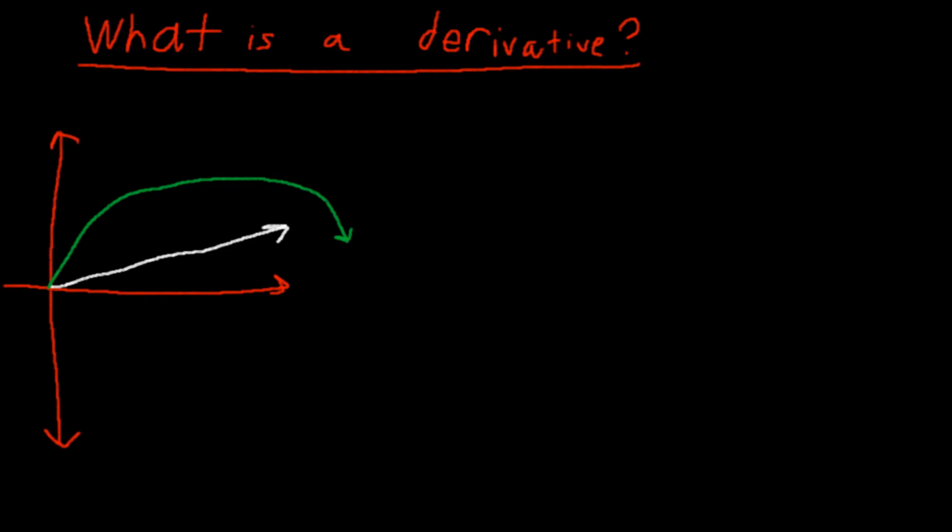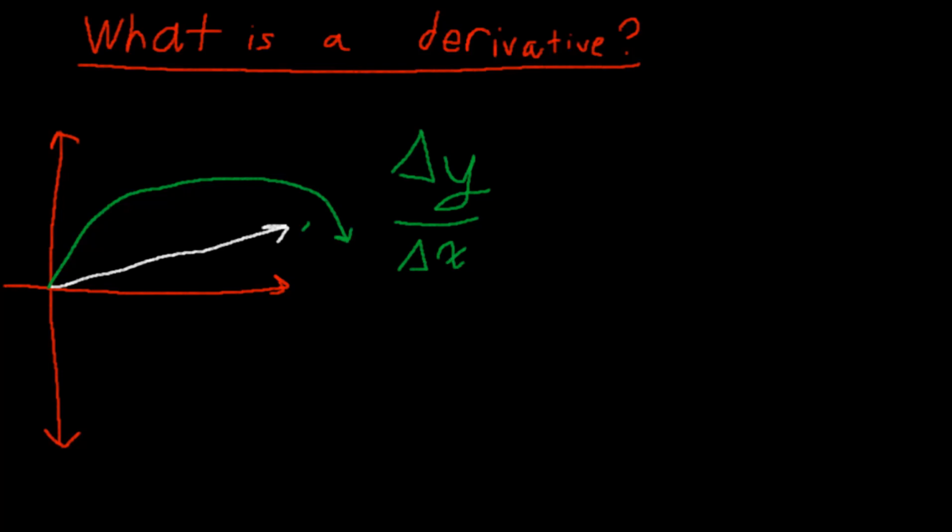Imagine that I can draw well with a mouse, which I can't, but imagine these are straight, and this is a better bell curve than it is right now. With traditional algebra, you know how to do the slope. It's delta y over delta x.